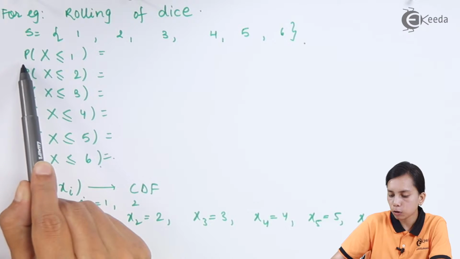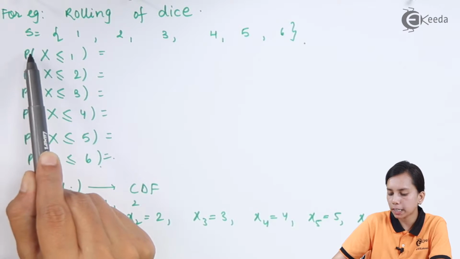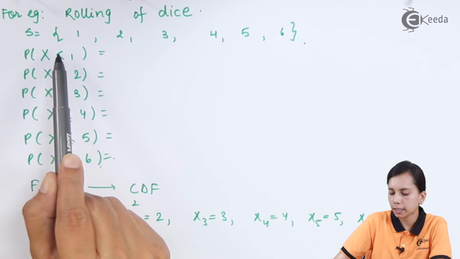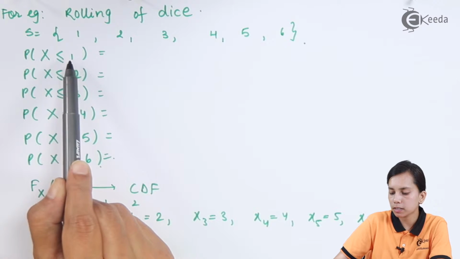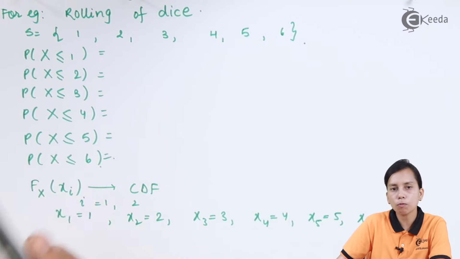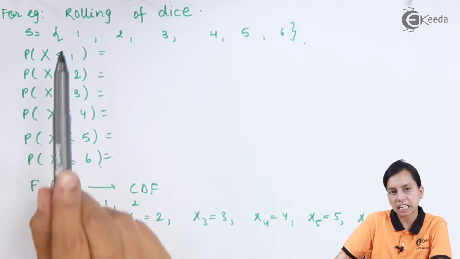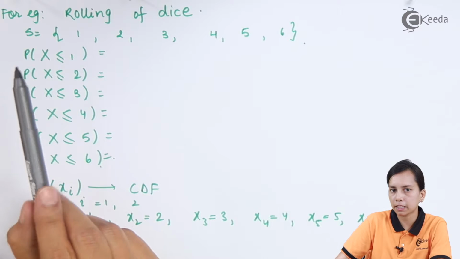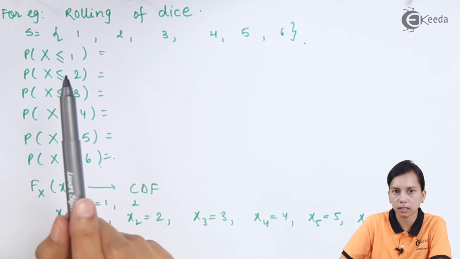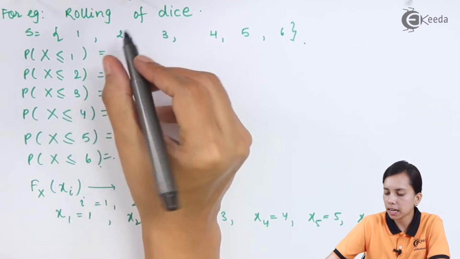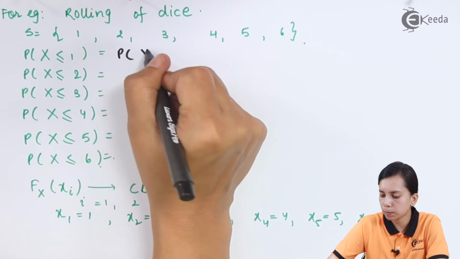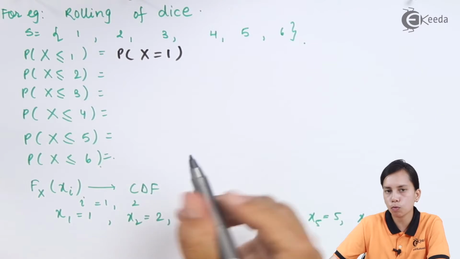So we are trying to find out the probability of the random variable whose value is less than or equals to 1. There is only one case, when the value is just equals to 1. It is not possible to get a value which is less than 1 in the dice. So I can just find out the probability of capital X equals 1.